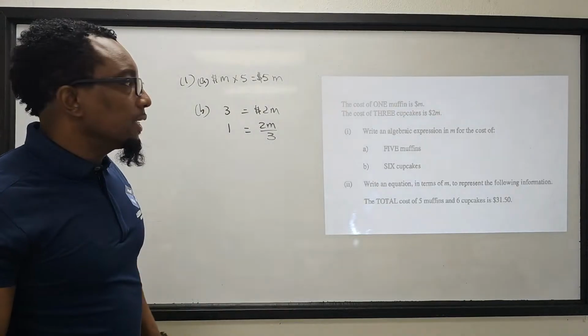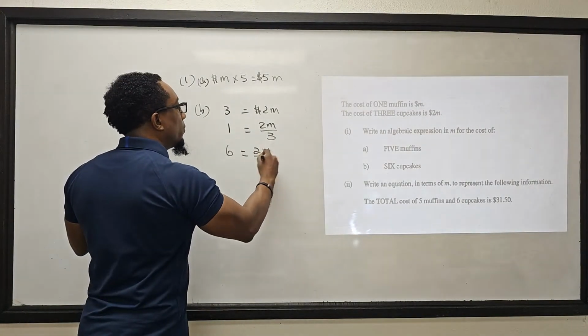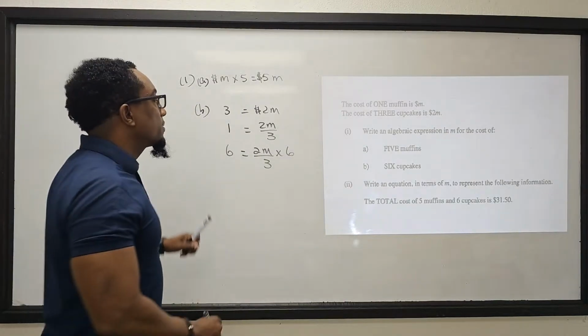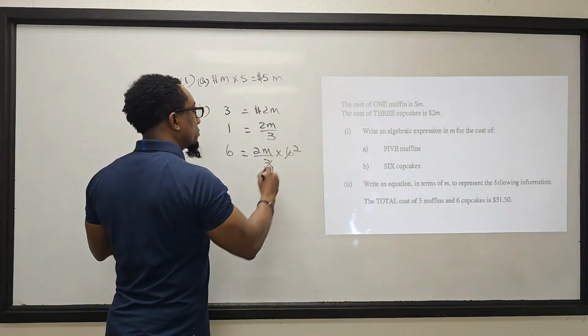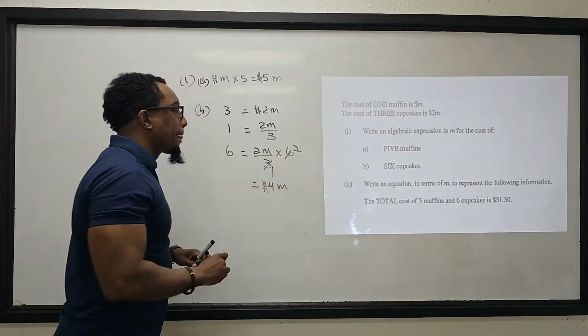You can use simple proportion, and therefore 6 cupcakes will be 2m divided by 3 times 6, which is 3 to 3 is 1, 3 to 6, 2. 2 by 2m will be 4m.